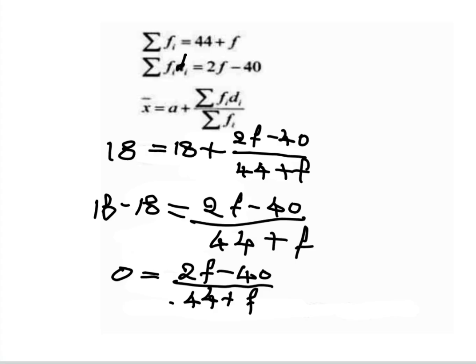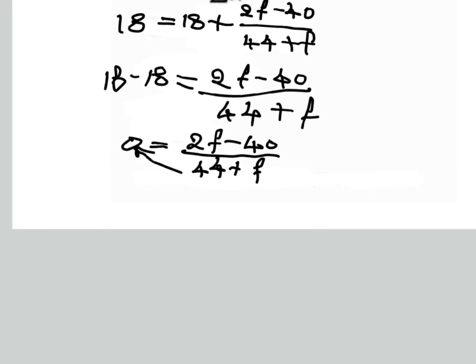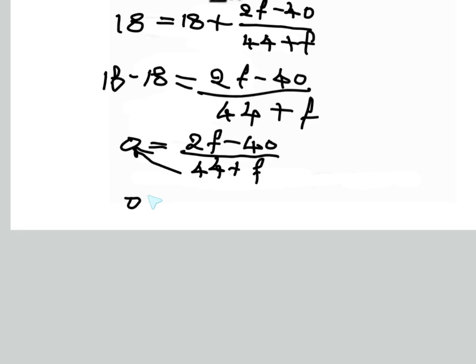Taking the denominator to the left side, 0 into 44 is 0, so 0 is equal to 2f minus 40.